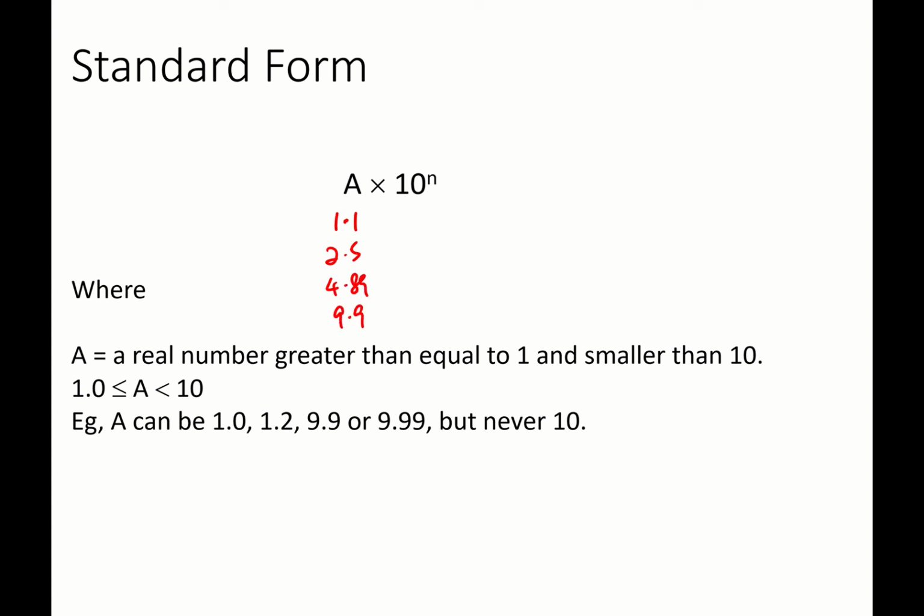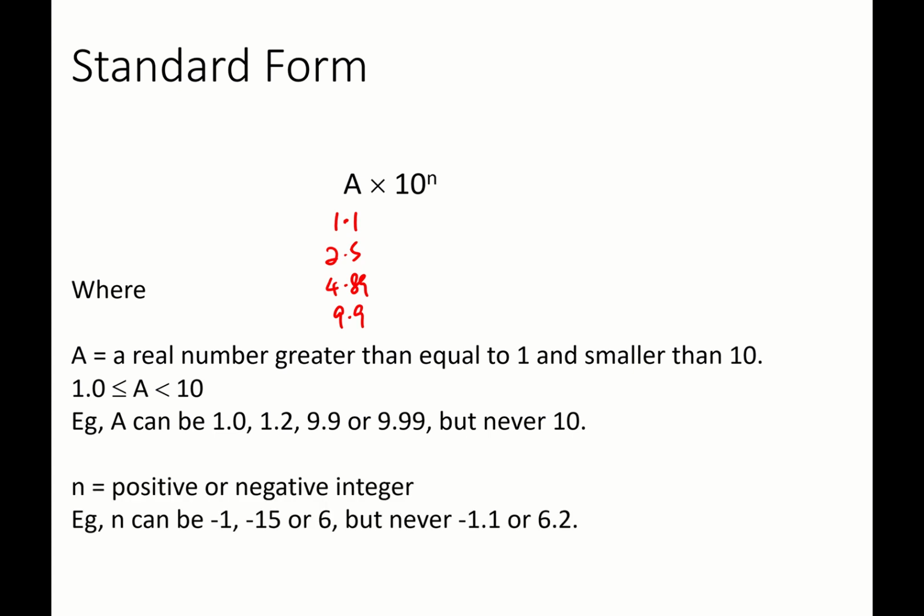Examples of a. And the n can be a positive or negative integer. So it can be times 10 to the power of 3, times 10 to the power of minus 4, times 10 to the power of 7, times 10 to the power of minus 8.